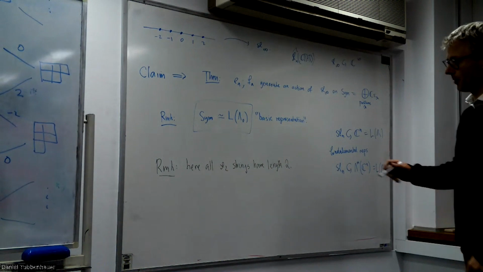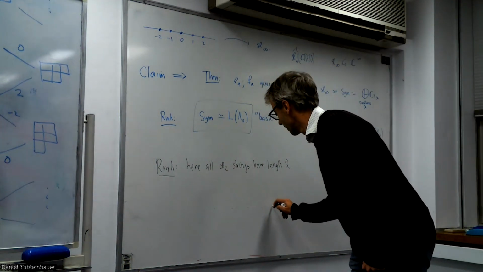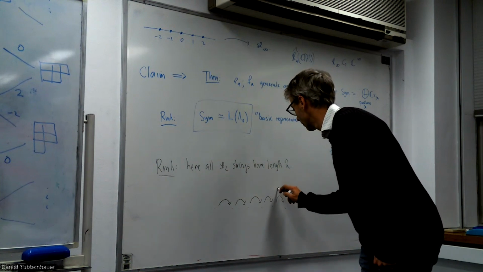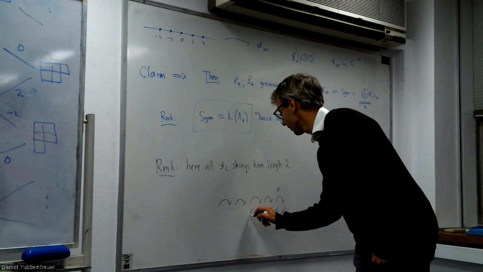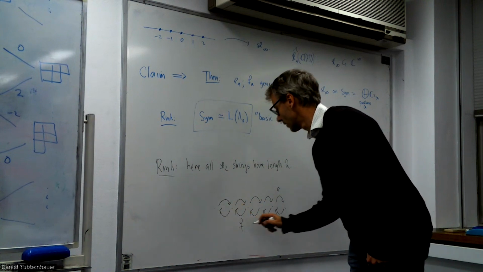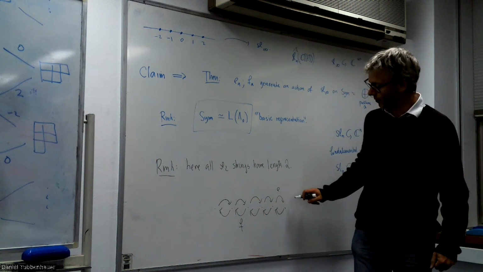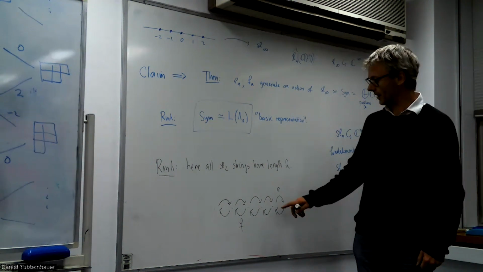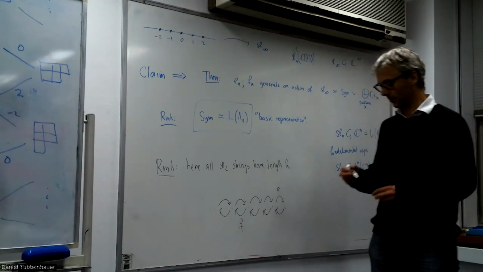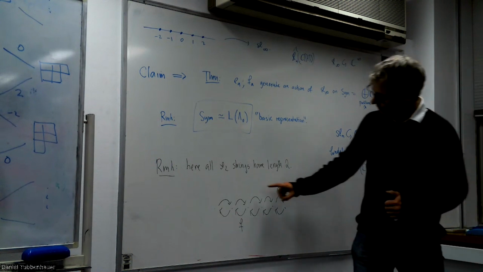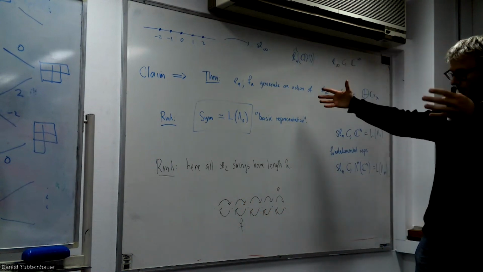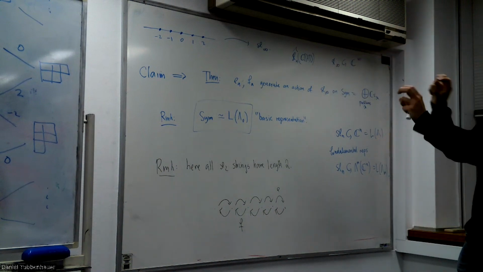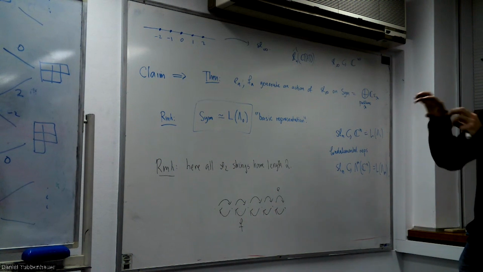Okay, so if you know the representation theory of SL2, the simple modules look like this. You have raising operators, which are called E, and lowering operators, which are called F. And there's one simple module for every length. So length 1 is the trivial representation, length 2 is the natural representation, length 3 is the adjoint representation, etc. And so you can look at a big representation of a Lie algebra, of a complicated thing, restrict it to these SL2s inside and ask how does it break up?